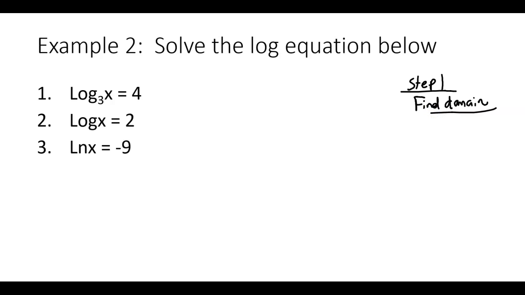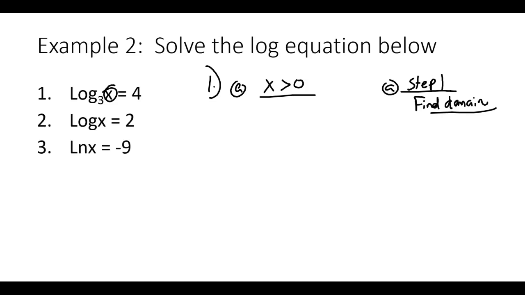Well, in this case, my domain, we'll call this A, can be found by taking your argument and making it greater than 0. And that's it. I don't have to solve for x because it's just x this time. So long as the answer I get is greater than 0, then it's a good answer. If I get anything less than 0, it's not a good answer.